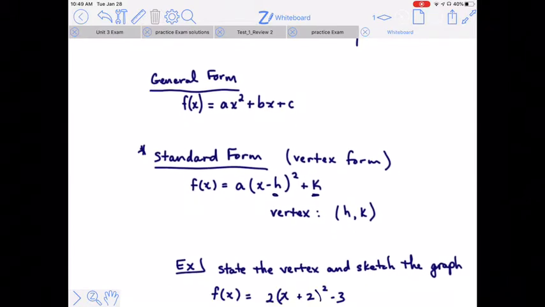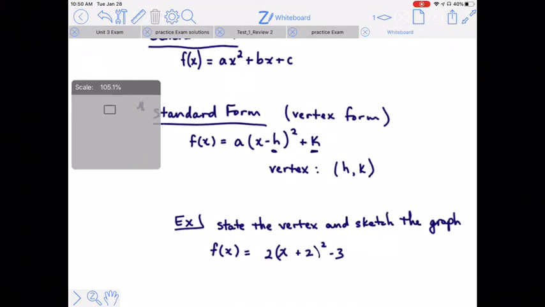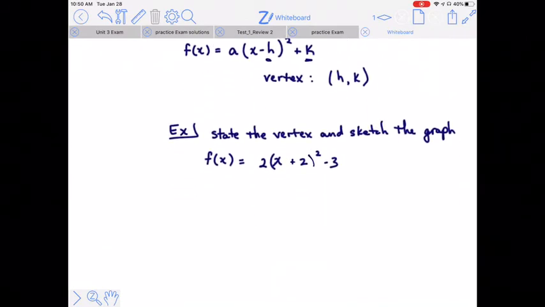So this first equation here, f of x is 2 times x plus 2 squared minus 3. This is in standard form, or vertex form. So first thing we would want to do is simply state the vertex before we graph it.